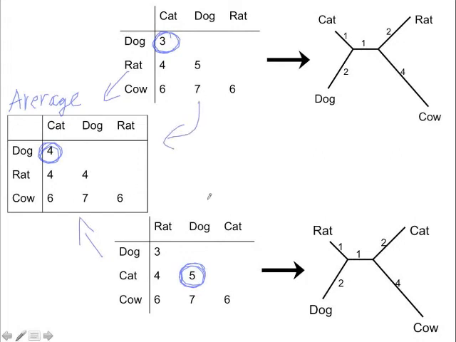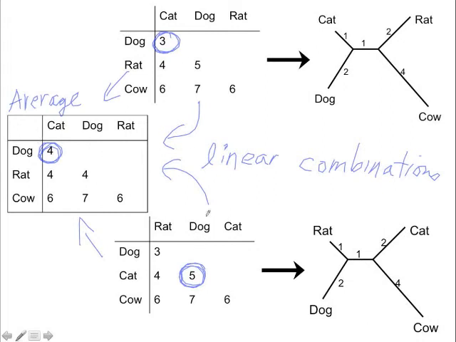Maybe it might be linear combinations that we might be interested in. And so maybe one thing we want to do is take our 2 trees that are not in agreement, and take a linear combination of our distance table, maybe with some weight for some biological reason. Maybe we want to weight this one more, or maybe we want to just take the average to get this thing here.